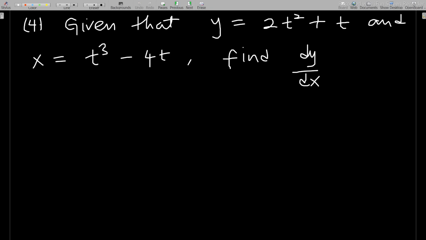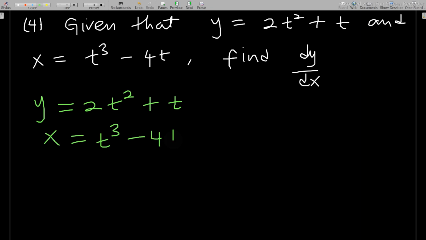Here we've been given y equal to 2t² + t, and x equal to t³ − 4t. The question is to find dy/dx.